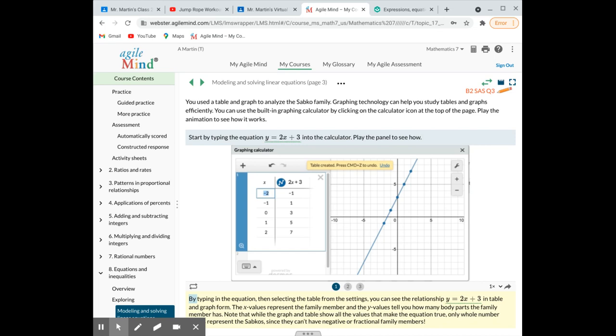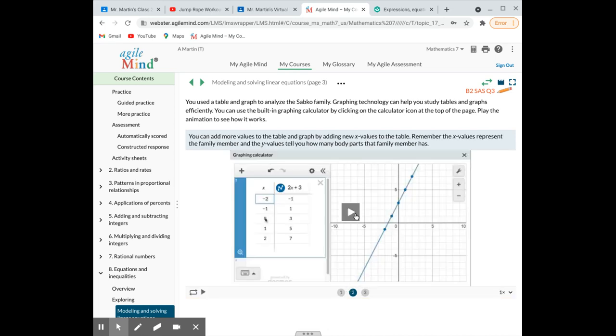So we were supposed to find the answer to the question number 3. We're trying to figure out which family member has 19 body parts using this graph. So how could we do that? Fill it in all the way up to 5 and then just keep going up by 2. Okay.